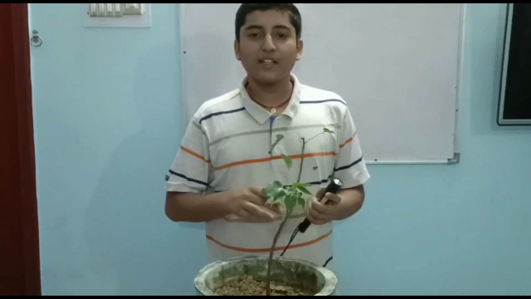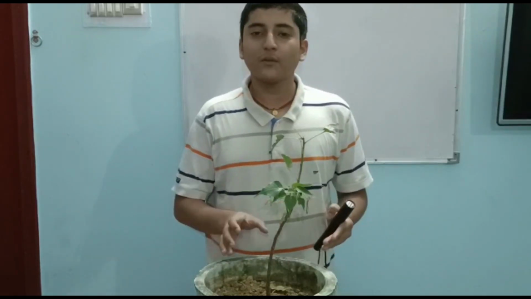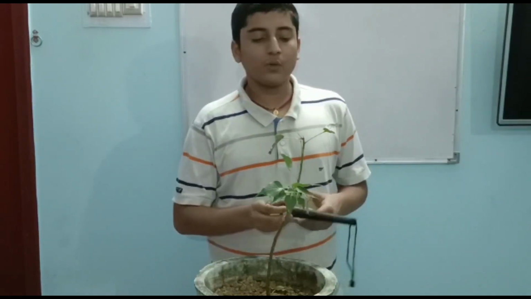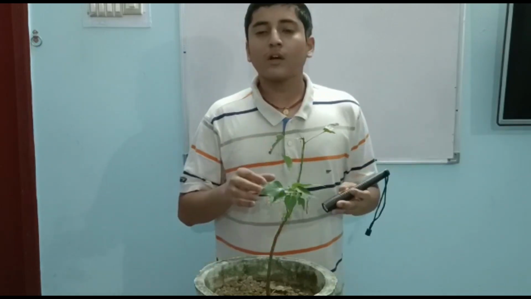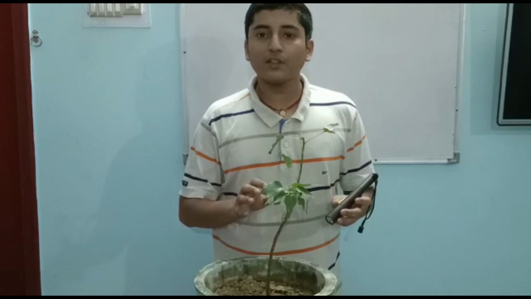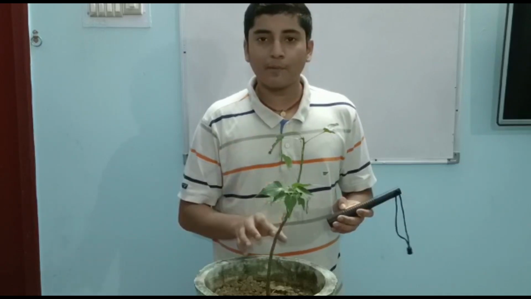I can't show you the exact photosynthesis process going on in the plants, but I can practically show you how the components required for photosynthesis are absorbed by the plants.